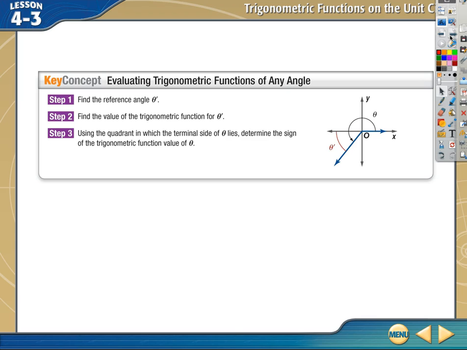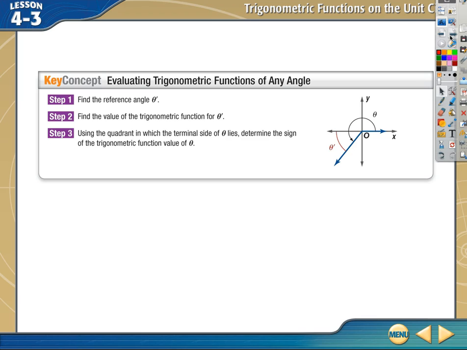Okay, so it says here, find the reference angle. The next thing to do is, okay, I have all these trig values available to me through my unit circle. How can I find the value of any of those really quickly, and not just guess? One of the ways we can do this is through our reference angle.